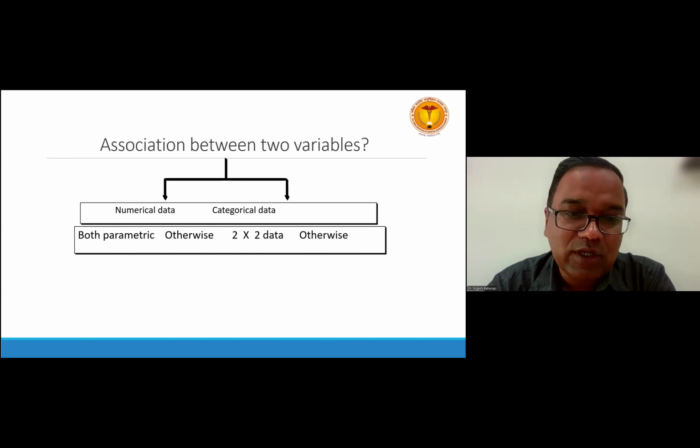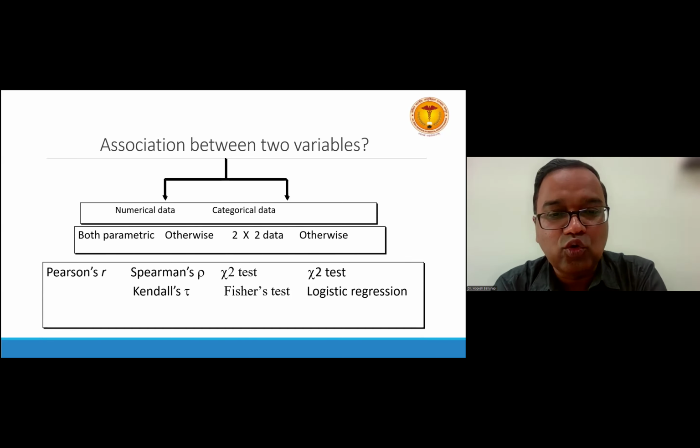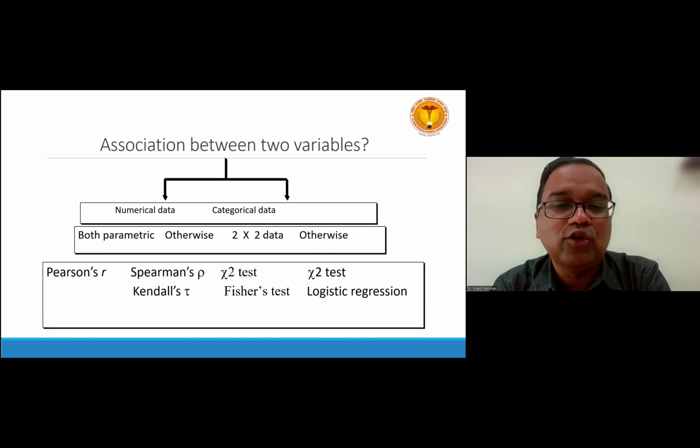So if both follow normal distribution, we'll apply Pearson's correlation, which is Pearson's r. And if either of them is not following normal distribution, then we will apply Spearman's rho correlation or Kendall's tau. These are the tests for association between 2 variables.